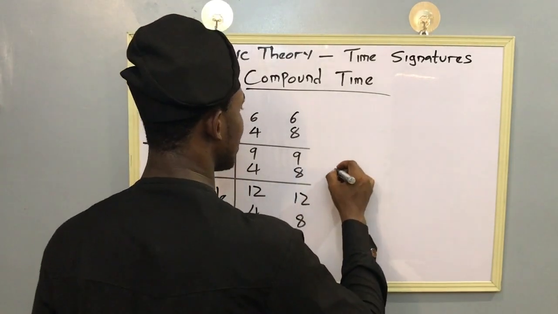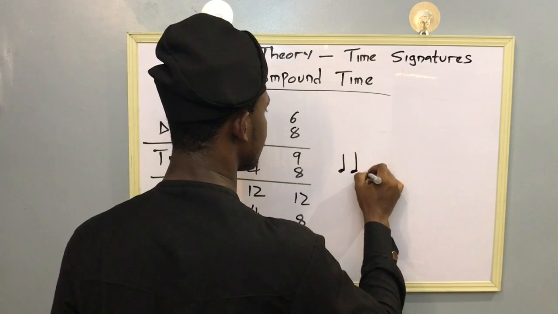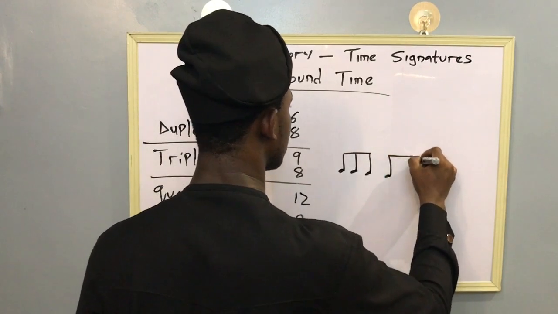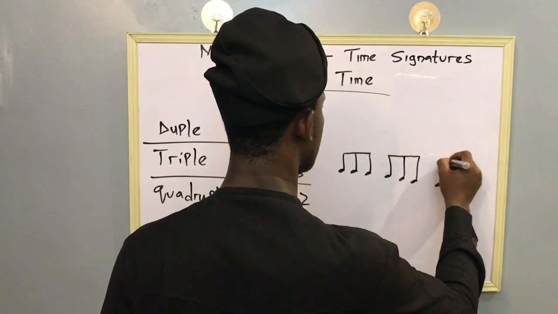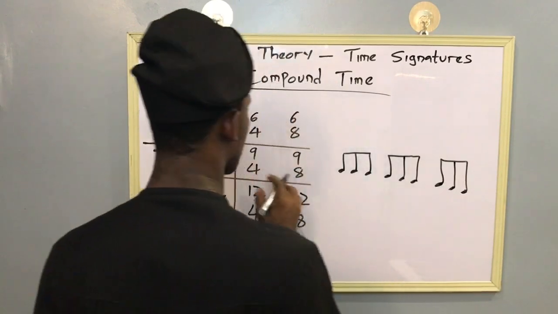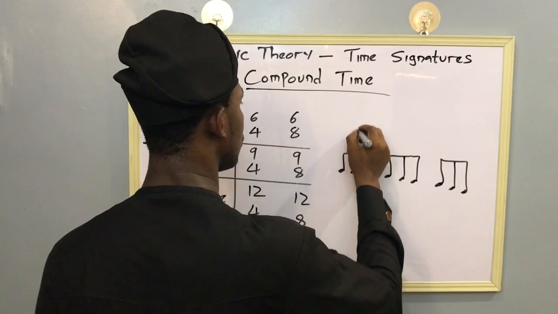Let's take 9 8 for example. 9 8 means 9 quavers in a bar. You see that that's 3 groups. So this is a dotted note. This is a dotted note.